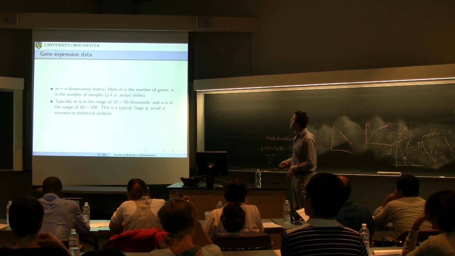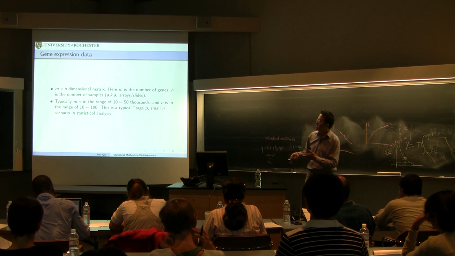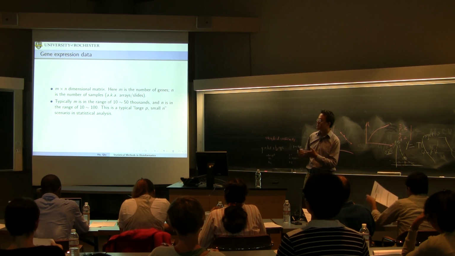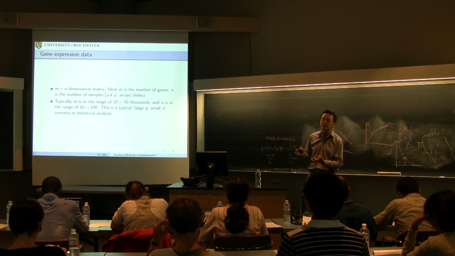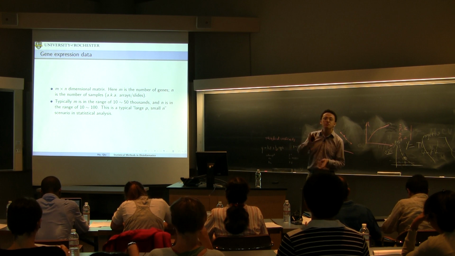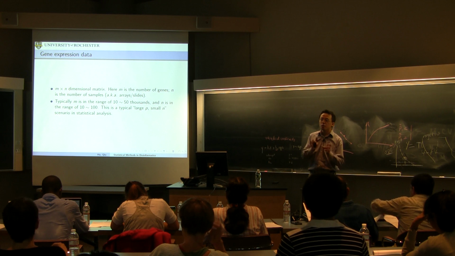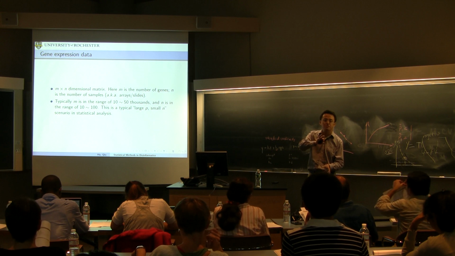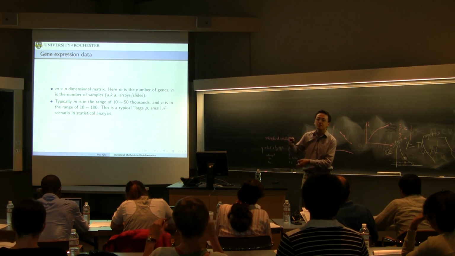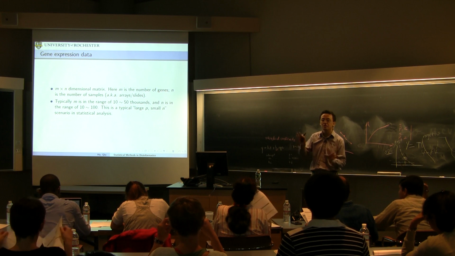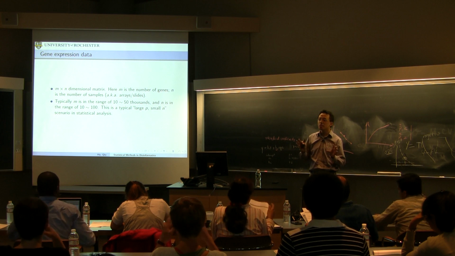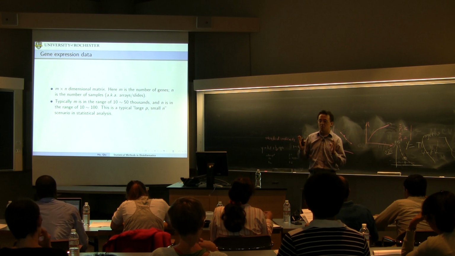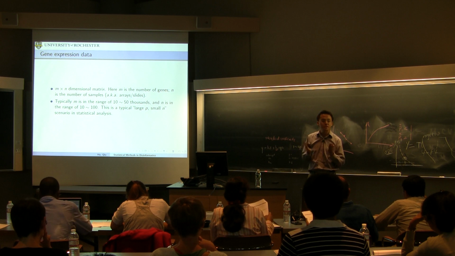Okay, what can we do with the gene expression data? A simple example: you have thousands of genes. For normal people, you have these thousands of genes, and for the diseased, for example cancer patients, you also have thousands of genes. One typical question is which genes are responsible for the disease?